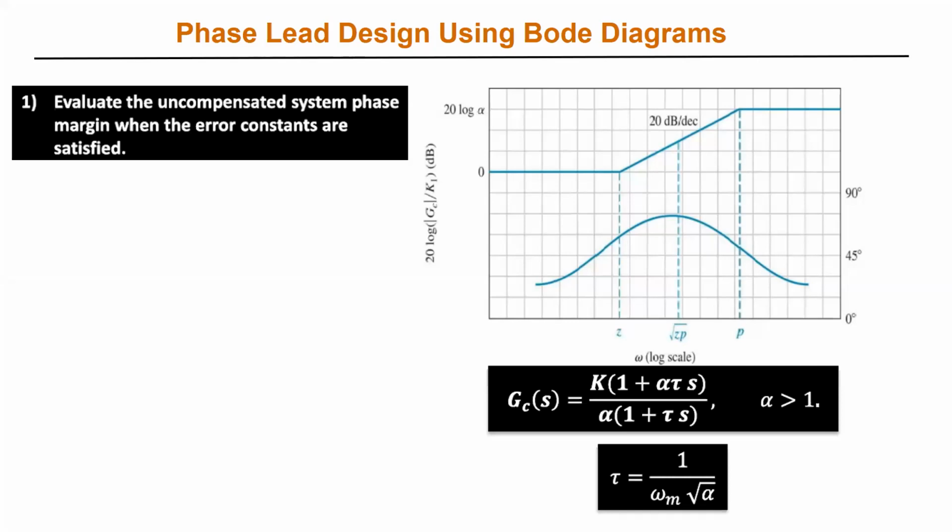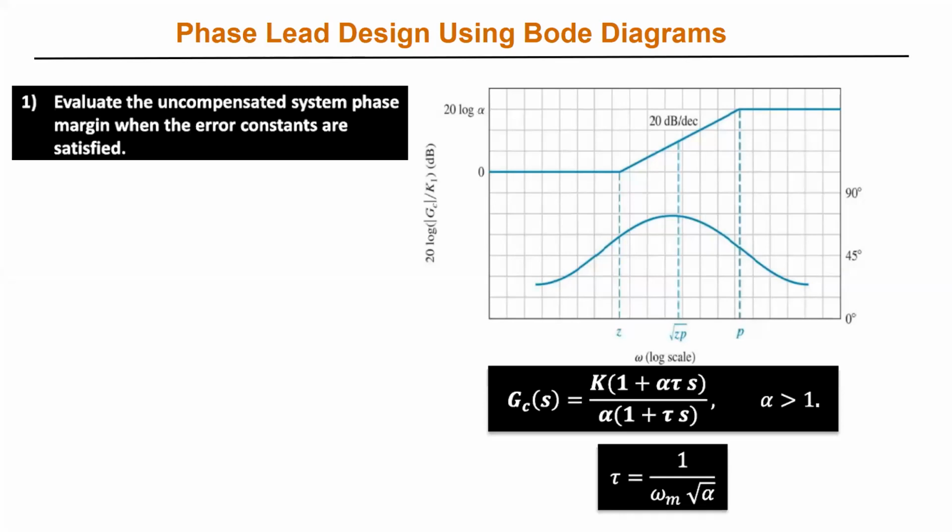Okay, so let me repeat the procedure. First of all, if we have a system, we evaluate the steady state error. If we need to satisfy a certain steady state error, we correct for it, and then we make the Bode plot of the system after the correction of the error.